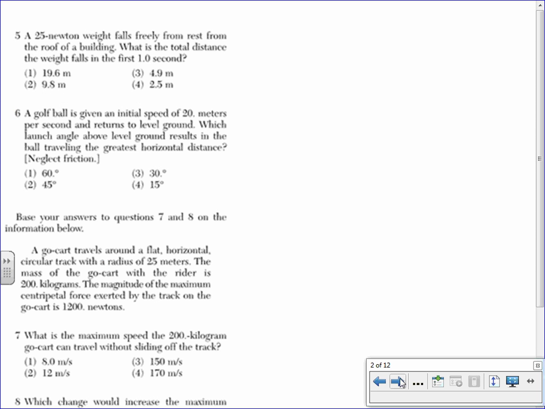Number 5, we have a 25 newton weight falling freely from rest from the roof of a building. What is the total distance the weight falls in the first 1 second? Okay, so if you remember, the 25 newtons does not affect the acceleration due to gravity, because all objects accelerate at the same rate regardless of weight. So it says it's dropped from rest, so that means my initial velocity is 0. I know that it's falling in the Earth's gravitational field, so I know it accelerates at 9.81 meters per second squared.